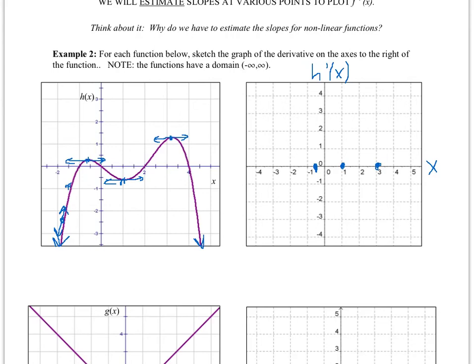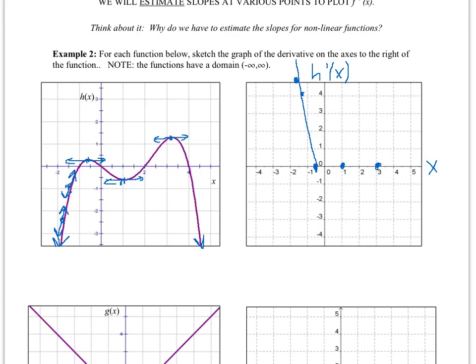So at negative 1.7, I'm going to plot something that is very positive. At x equals negative 1.5, I again have positive, but it's not quite as positive. So at negative 1.5, I'm going to pick a next value there. It has to be smooth and connected, so it's going to come down and touch that point.